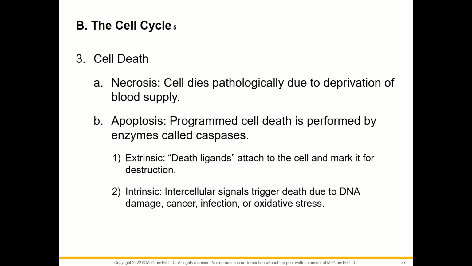Only this time, they might be friendly because apoptosis is going to really help us to trigger death due to DNA damage, cancer, infection, or oxidative stress. So caspases are friendly, and they're going to help protect us from damaged cells that could otherwise lead to disease. So Casper, the friendly ghost, caspases, the friendly enzymes that make our cells that are sick and otherwise dangerous into ghosts themselves.